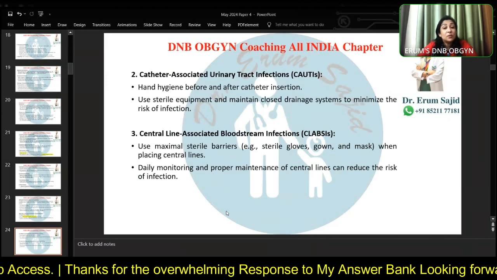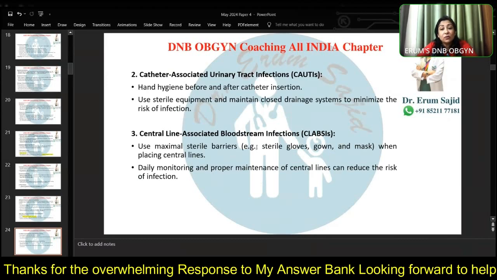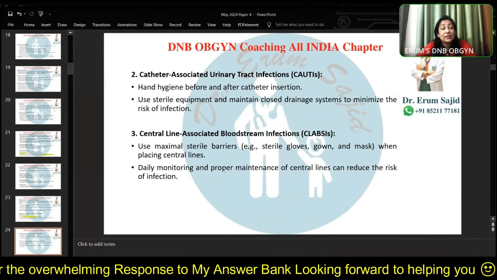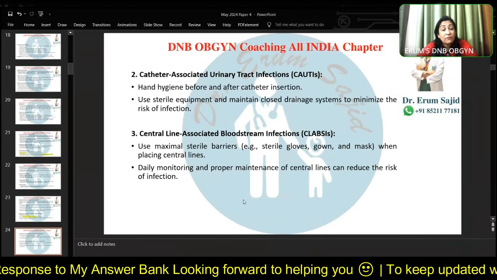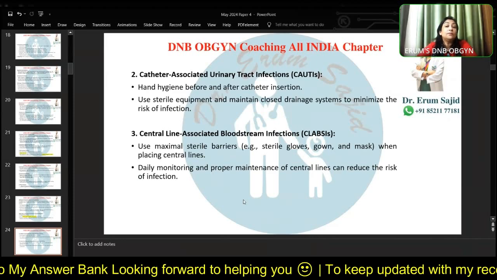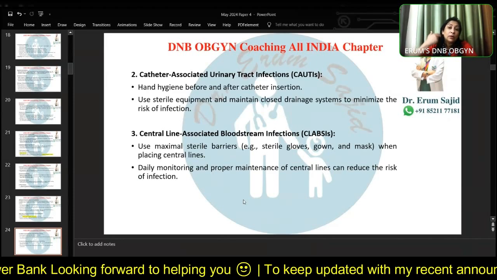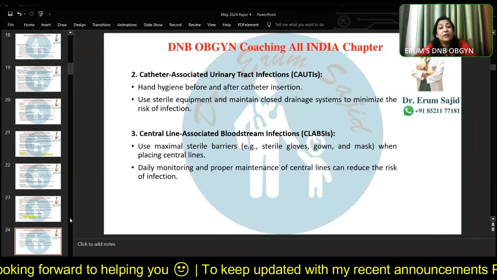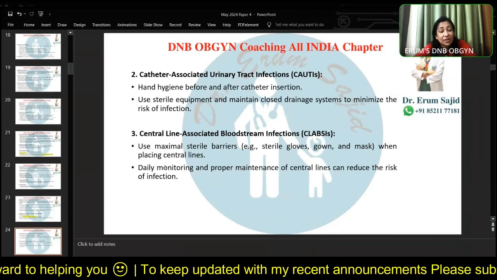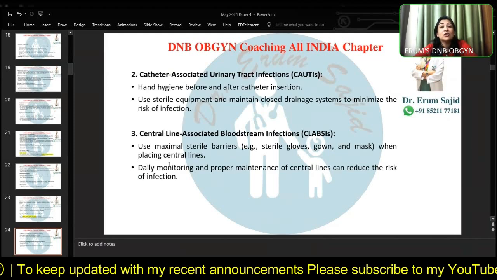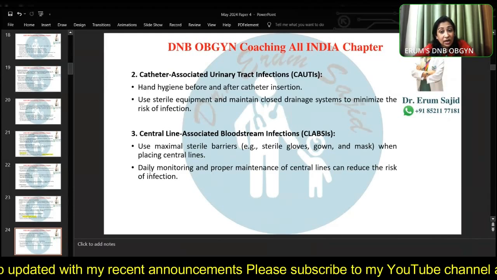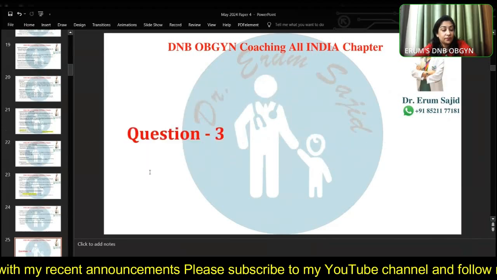Again, maximum sterile barriers like sterile gloves, gowns, masks, placing central lines appropriately. Every time you use a central line, the catheter which goes inside, the intravenous catheter, has to be new, has to be sterile, has to be taken out with adequate sterile precautions.